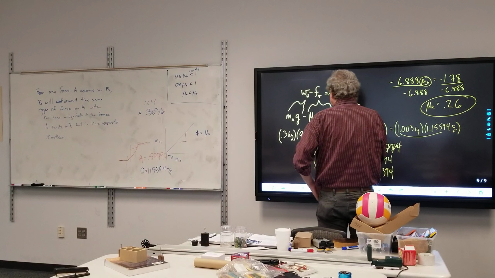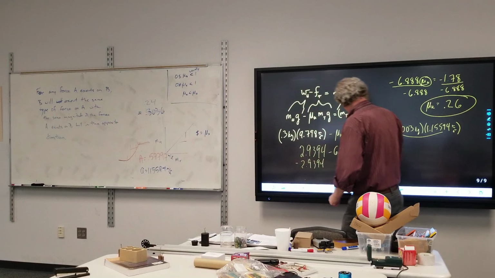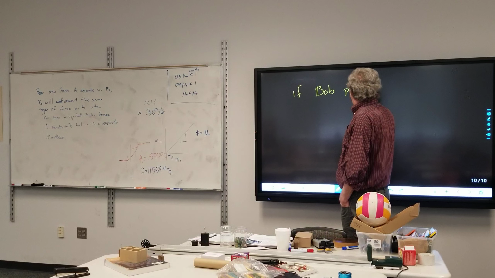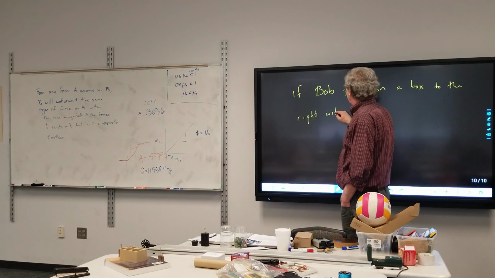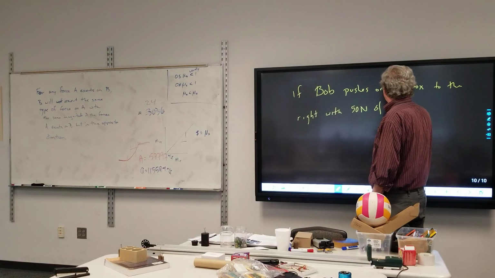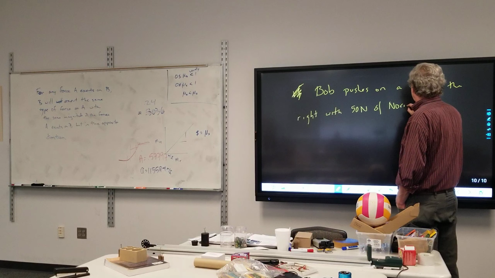Let's put that in a slightly different context. Bob pushes on a box to the right with 15 newtons of normal force.